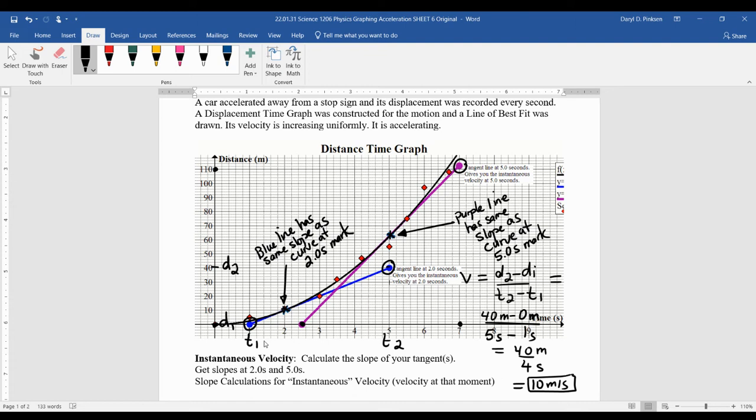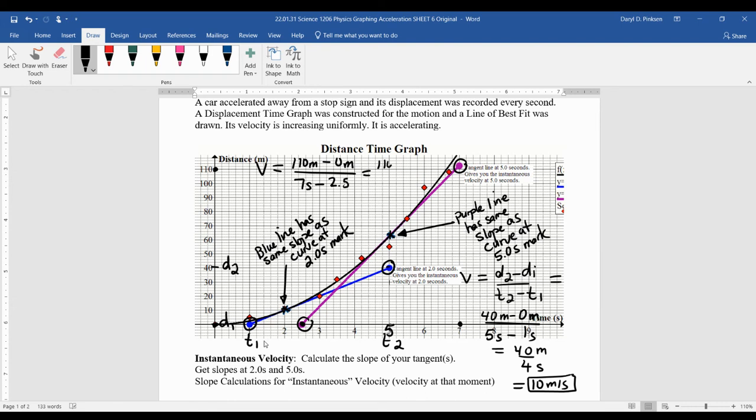So just looking at the two endpoints on that purple tangent that grazes our curve at the 5 second mark, the V at 5 seconds would be 110 meters minus 0 meters, that's the D2 minus D1, all over 7 seconds minus, that looks like it's around 2.5.